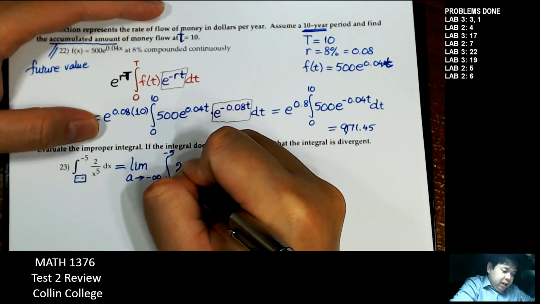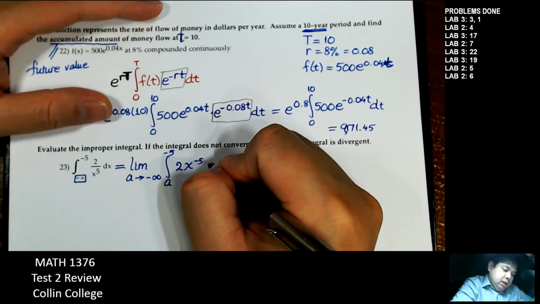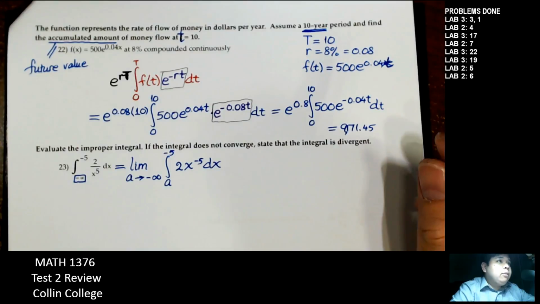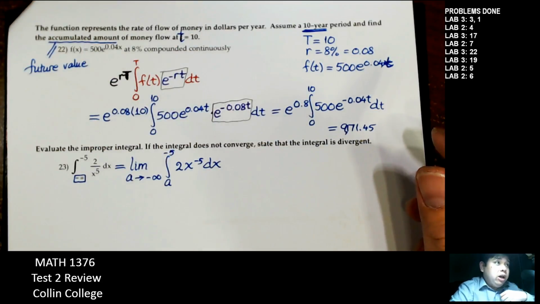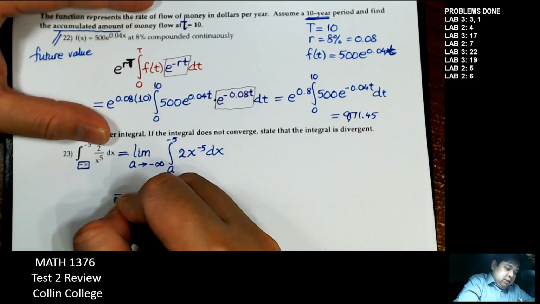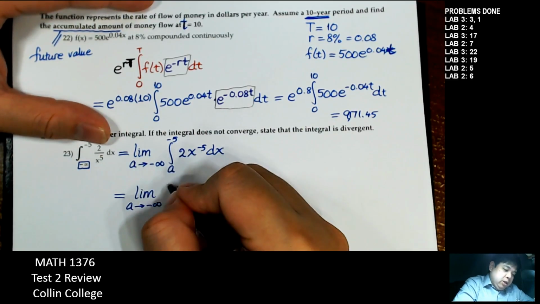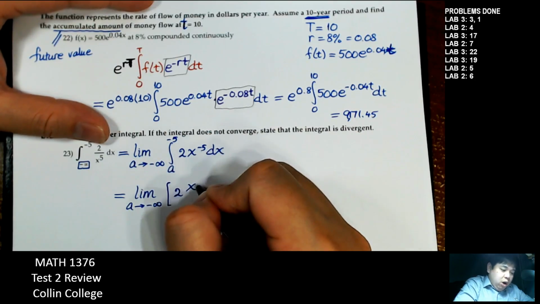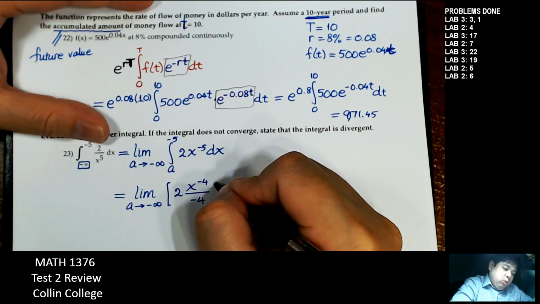2 over x to the 5th, I can write 2x to the negative 5 dx. Right. And then we just integrate like we normally do, and we worry about the limit on the last step. So the integral will be 2x to the, we add 1 to it, negative 4 over negative 4, that will go from a to negative 5.